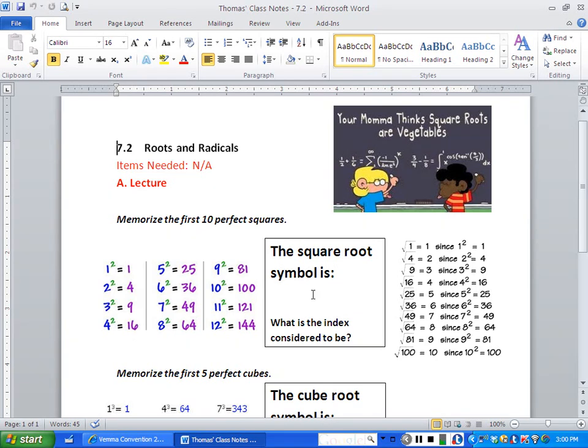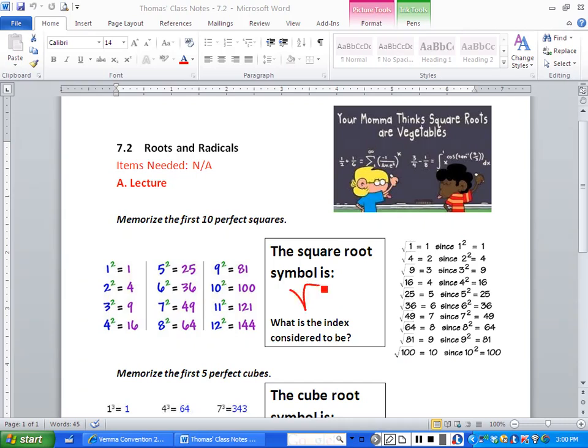The square root symbol is this little symbol here. If there is no number here for the index, that means it's considered to be a 2, not a 1. So the word square root, squaring, for example, is considered to be 2.